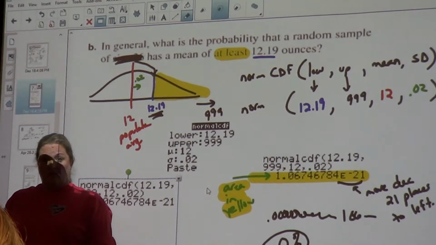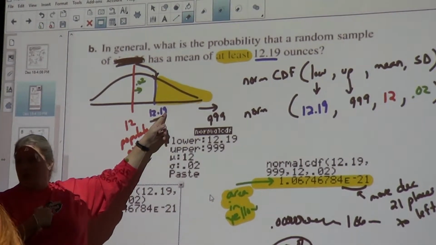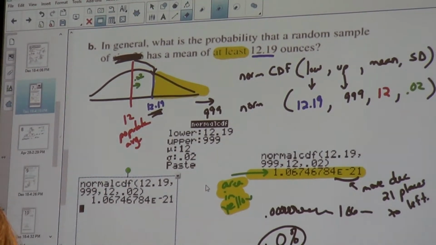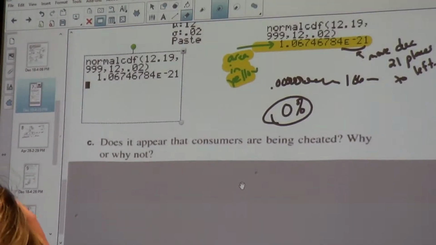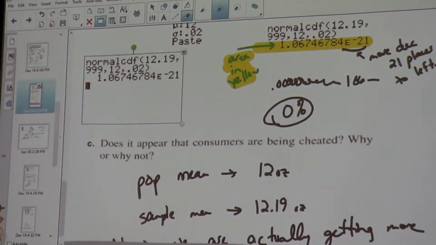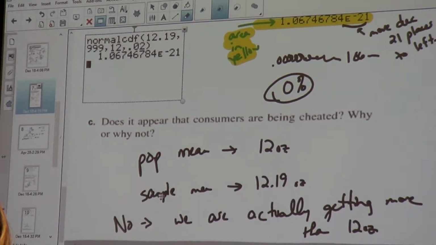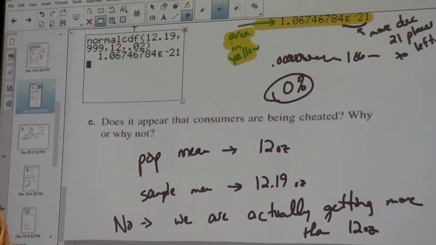No. We actually get more than we should be getting. So are we being cheated? No, we're actually getting more soft drink than what we're supposed to be getting based on our sample. So they're telling us that we're supposed to be getting 12, but when we went and bought it, we got 12.19. So we're not actually getting cheated. We're actually getting more than we should have gotten. You with me?